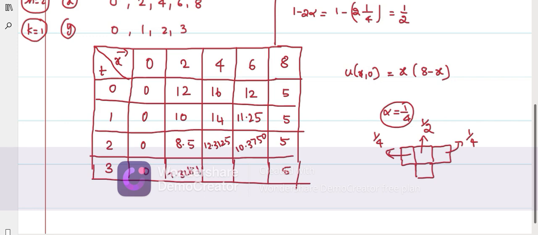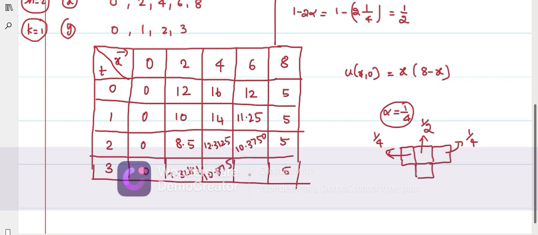Later, for this value, 8.5 into 1 by 4, plus 12.3125 into 1 by 2, plus 10.3750 into 1 by 4, which is 10.8750.